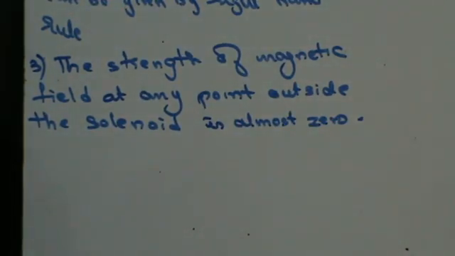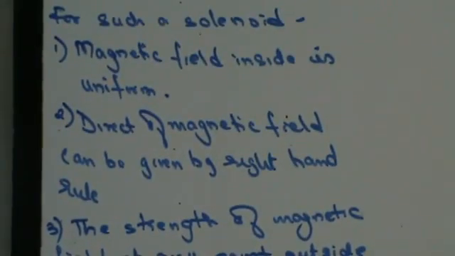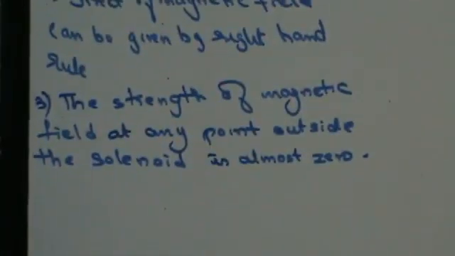Right? So these are the conditions of a solenoid. One, the magnetic field inside it will be uniform. Second, the direction of the magnetic field can be given by the right hand rule. Third, the strength of the magnetic field at any point outside will be approximately equal to zero.